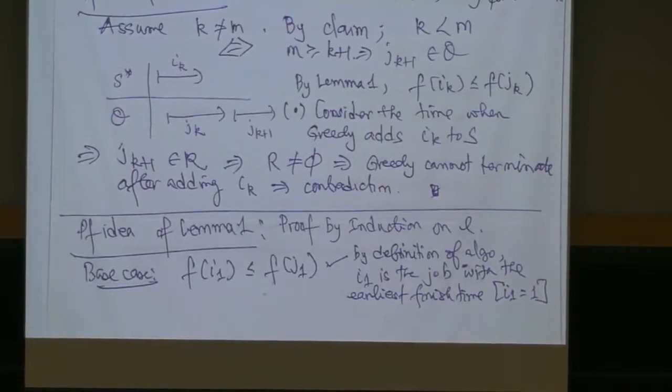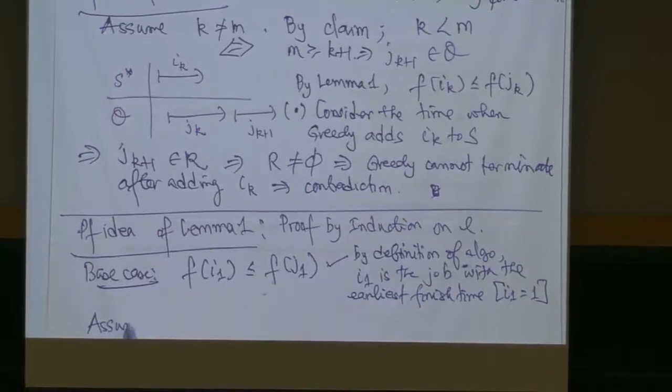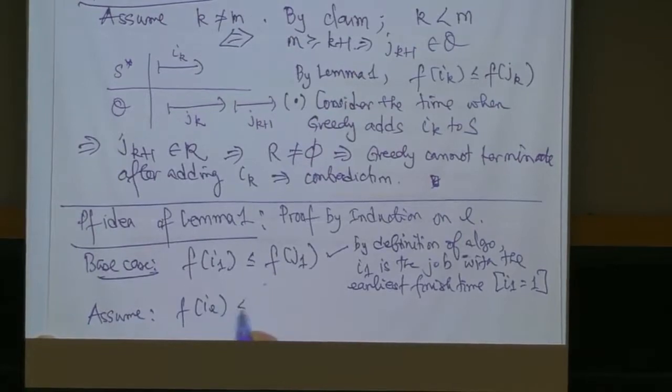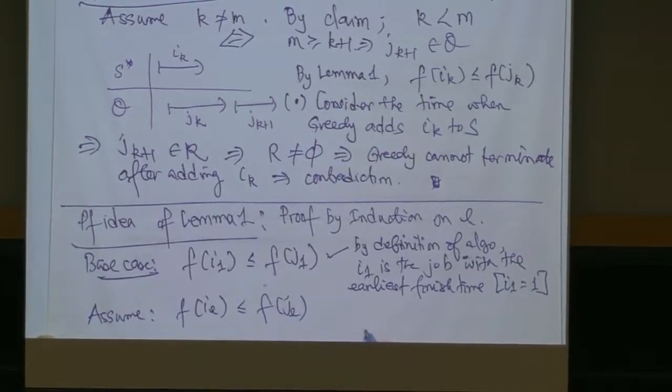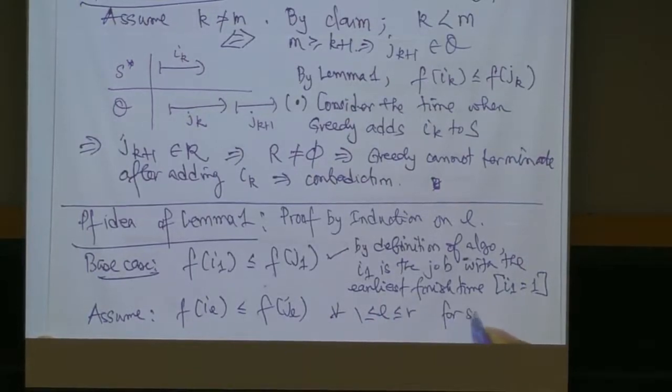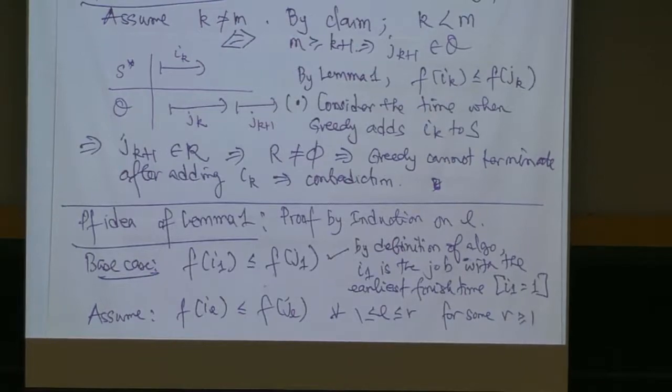So now we want to prove this by induction. So for the inductive hypothesis, assume that f_i(L) is less than or equal to f_j(L) for all L from 1 to R. So we're assuming this is true for values of L up to R, and next we want to argue that this is true for R plus 1.